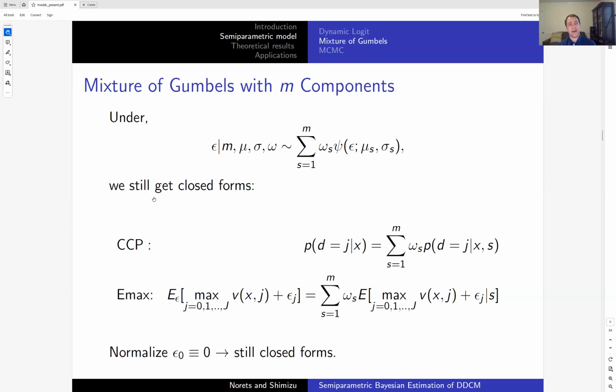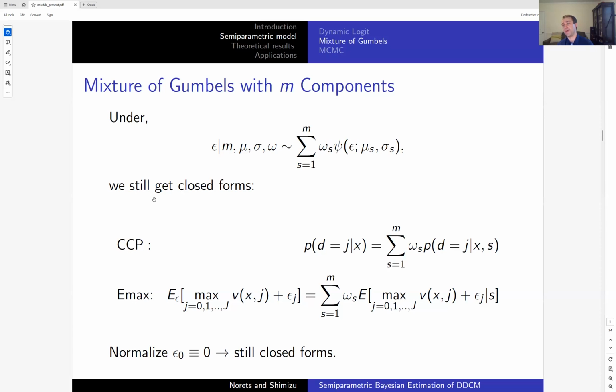Here I went over the model quickly, but imagine a standard multinomial choice model, like a multinomial probit. It's clear that if we model epsilons nonparametrically, then there is no restriction in fixing epsilon for one of the base alternatives, let's call it alternative 0, to 0, right?